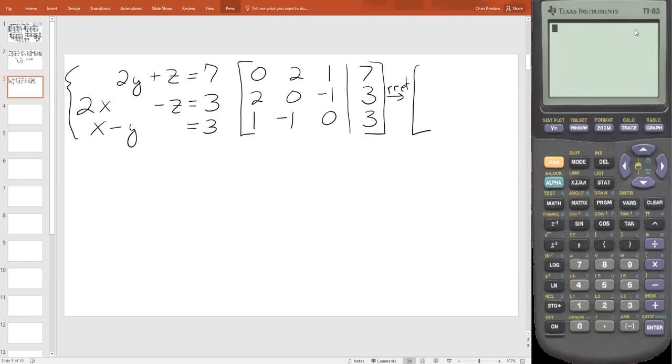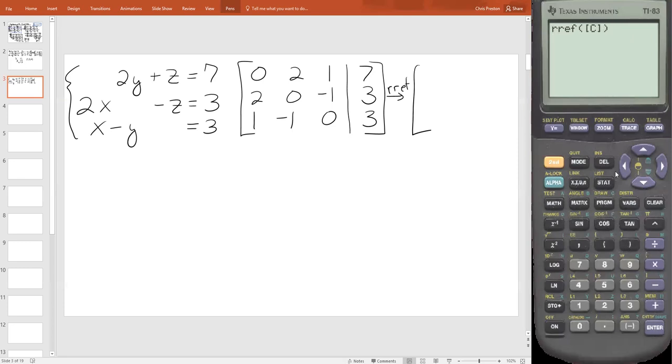Okay, I'm going to clear it out, see what's going on. Second matrix. And like I said, you can go over to math, and it's faster to go up than down. So if you push up, you can come from the bottom, move up to that RREF, reduced row echelon form. And it's going to say of who, and you're going to hit second matrix, and under names, remember I stored mine under C. That's where you're going to pick it.